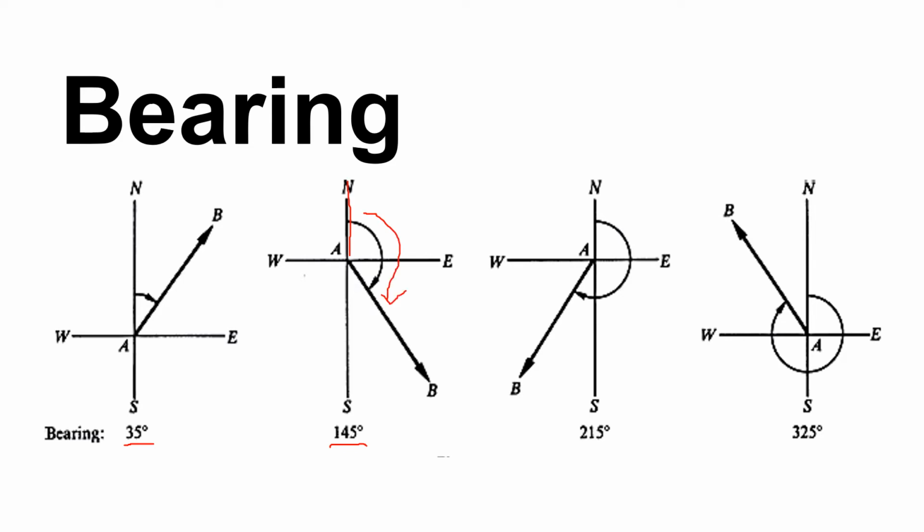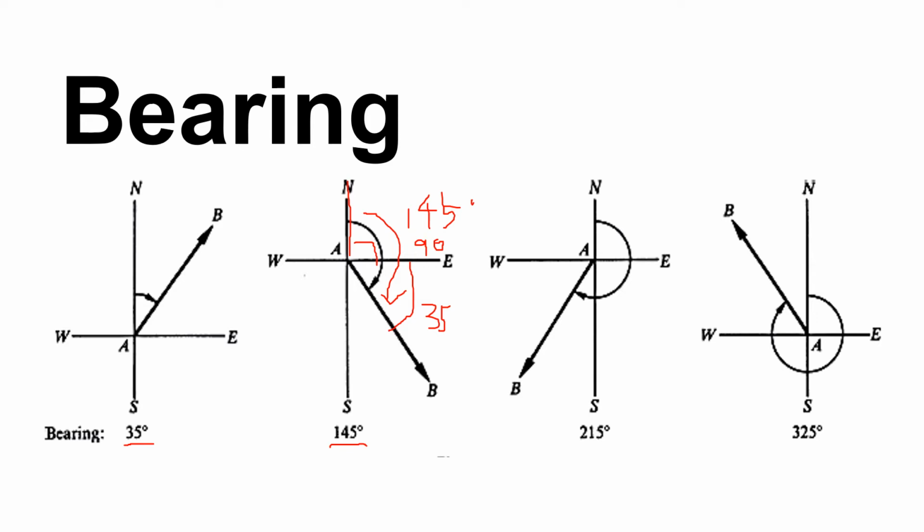This is 145 degrees. In this case, this is 90 degrees, and on the fourth quadrant it's 35. So 90 plus 35 is equal to 145.